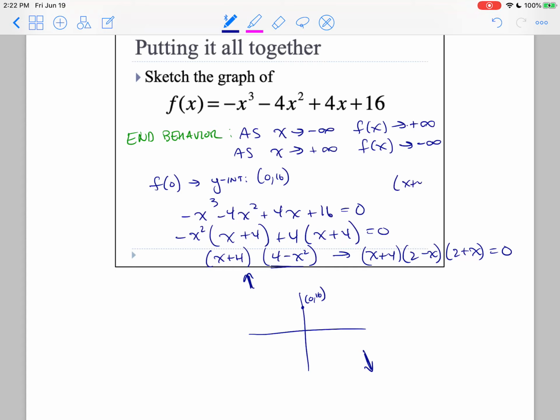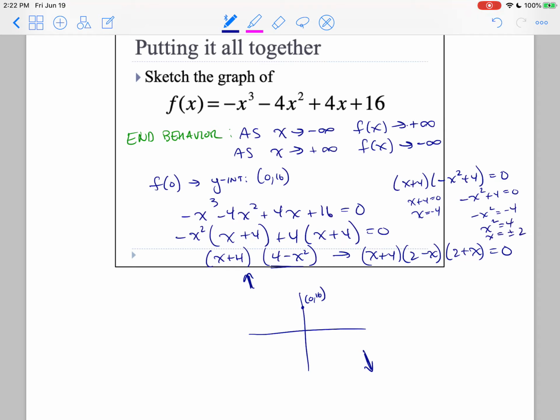Okay, and I wrote it this way because otherwise people might not see that there's 2 different answers here. So if you had written it x plus 4 times negative x squared plus 4 equals 0, and then you set each term equal to 0, you get x plus 4 equals 0, which gives you x equals negative 4. And then when you set negative x squared plus 4 equal to 0, you get negative x squared equals negative 4. So then x squared equals 4.